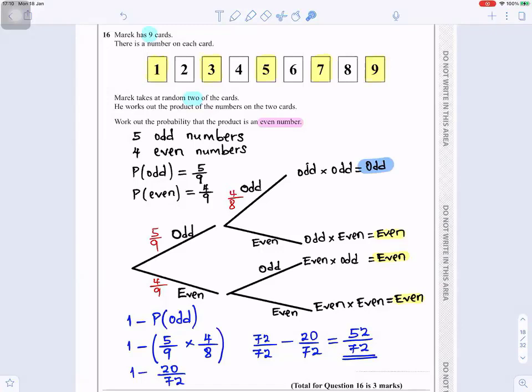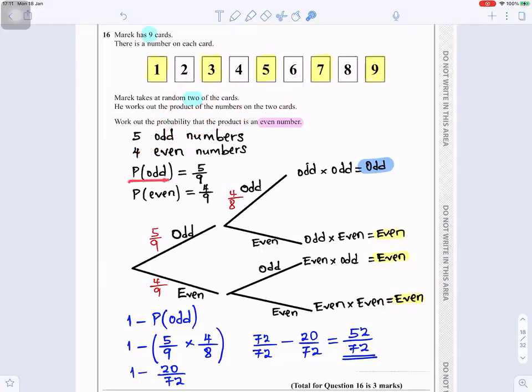So we look at the cards. There are 5 odd numbers, and I've colored them in yellow. They're 1, 2, 3, 4, 5. There are 5 odd numbers, and there are 4 even numbers. 1, 2, 3, 4. 4 even numbers.